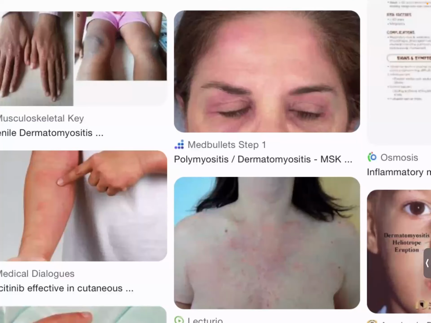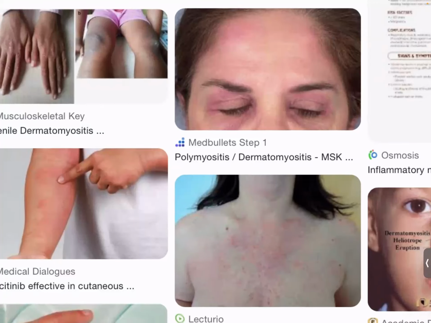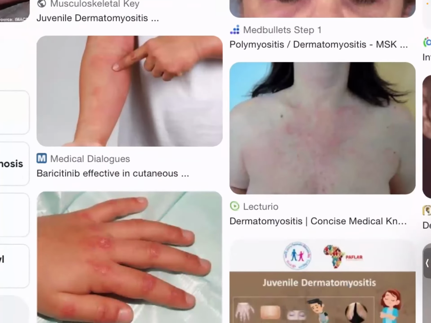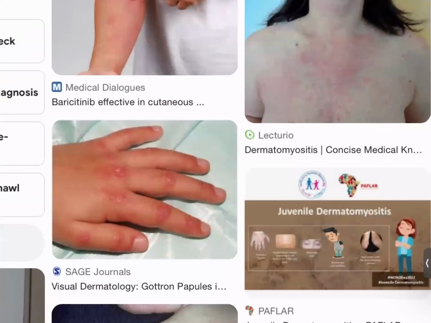It's like violet, so it's a little bit purple in color. Violaceous rash, and this is differentiated from the silvery rash or hyperkeratosis of psoriasis. This is a violaceous erythematous rash.